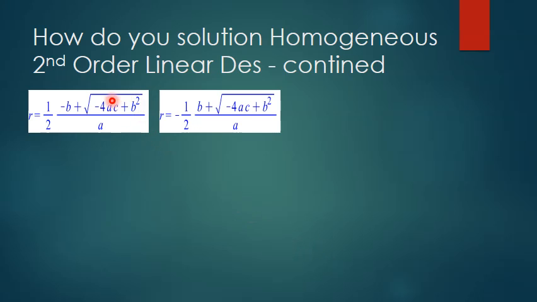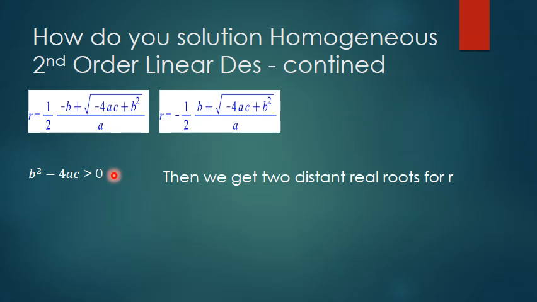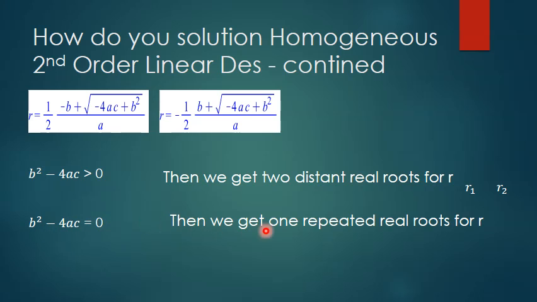So let's look at this discriminant. This discriminant can have three particular values. It can be larger than 0, and if it's larger than 0, I get two distinct real roots, so I get an r1 solution and an r2 solution. If it's equal to 0, I just get one repeated root, the same root repeated.